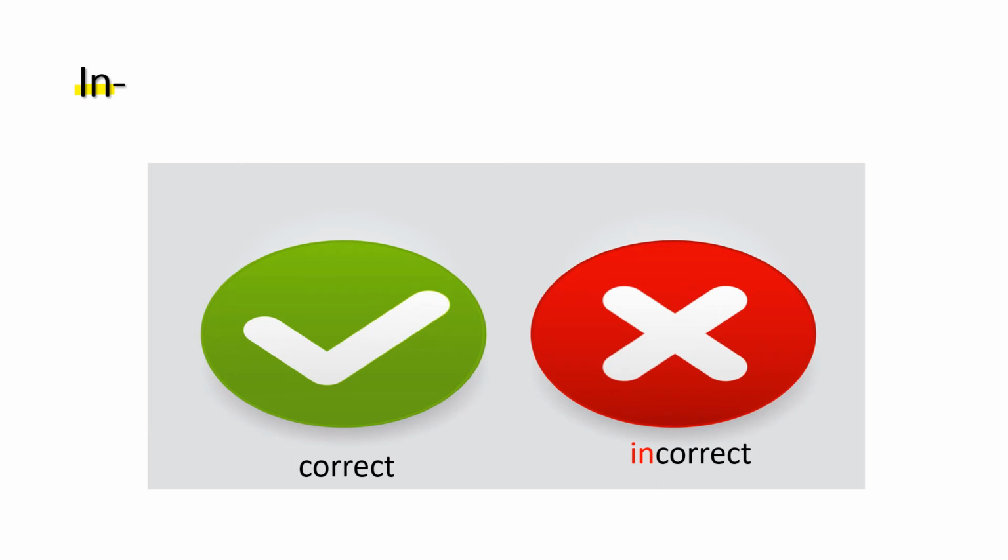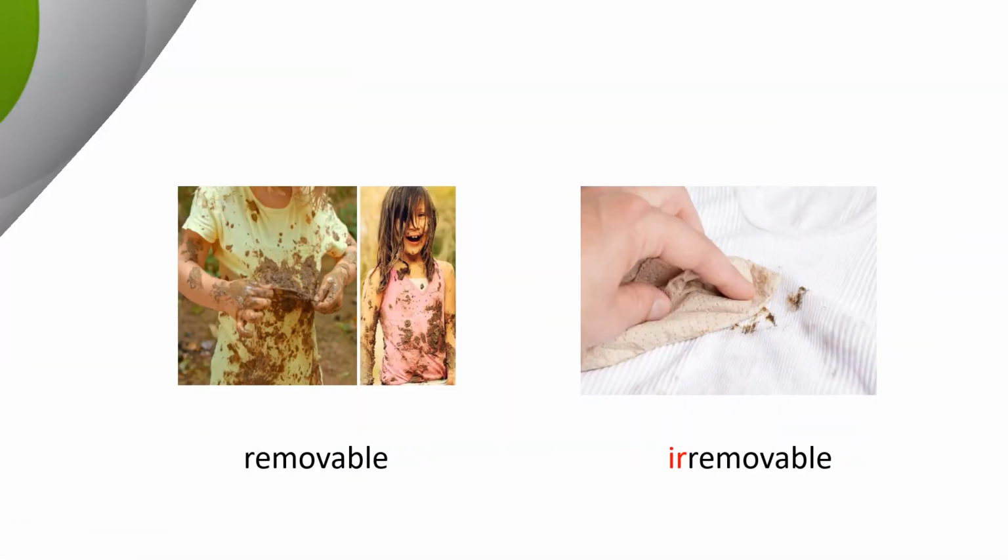Say, for example, correct. By adding in, it becomes incorrect. The next prefix is ir. For example, removable. And if we add ir at the beginning of this word, it becomes irremovable.